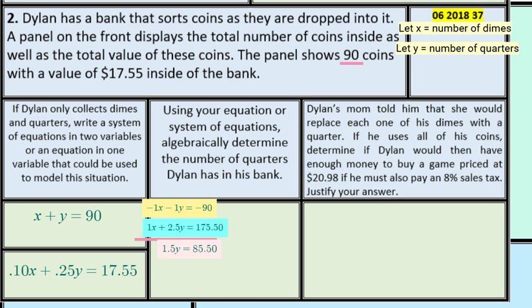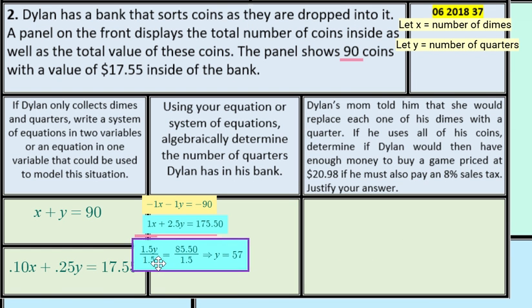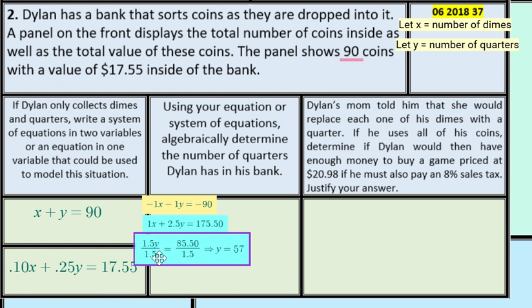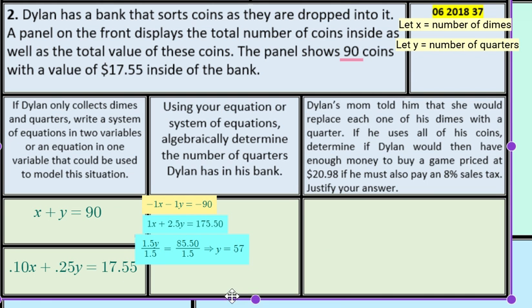So we know that 1.5y equals $85.50. So I divide everything by 1.5, and now we get that y is 57.